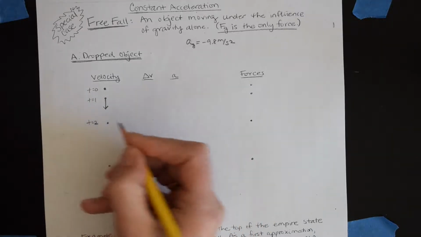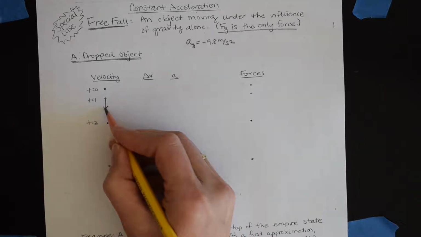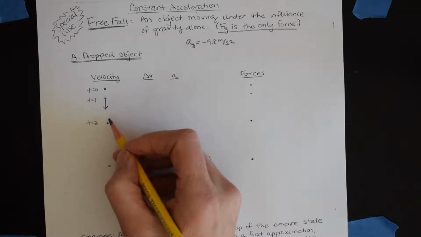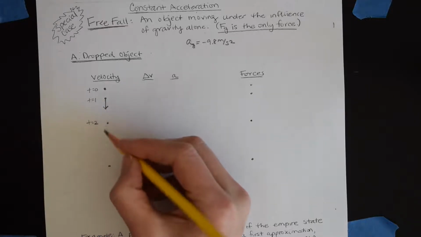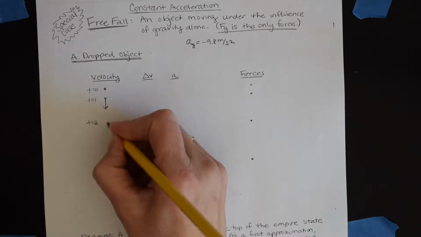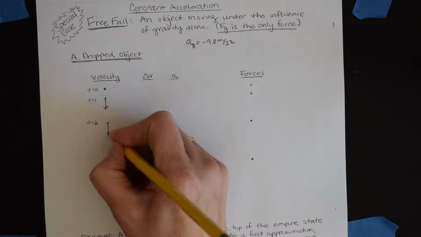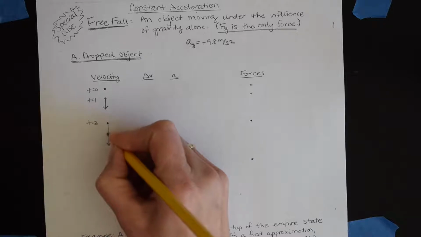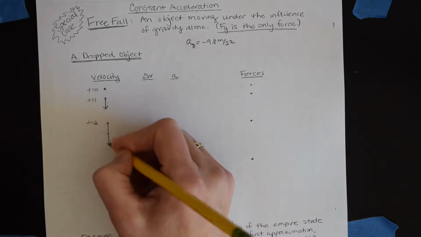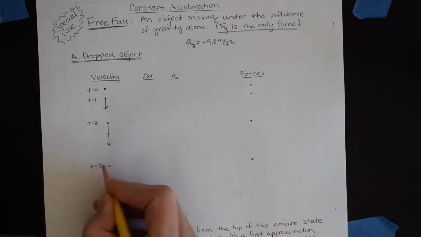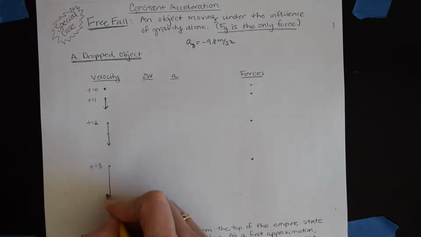Then at time 2, we would draw a velocity arrow that's twice as long, because for constant acceleration, remember the velocity is changing by the same amount every second. So I'm going to draw an arrow that's twice as long. You can kind of see that's twice as long. And then at time equals 3, it's going to be 3 times.